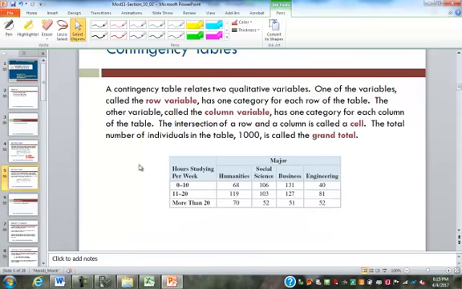So let's take a look at what we're going to do. Now here, again, it's often easiest, and what we will do is we're going to do row totals and column totals just like we did for probability. So this is going to be the row totals here.